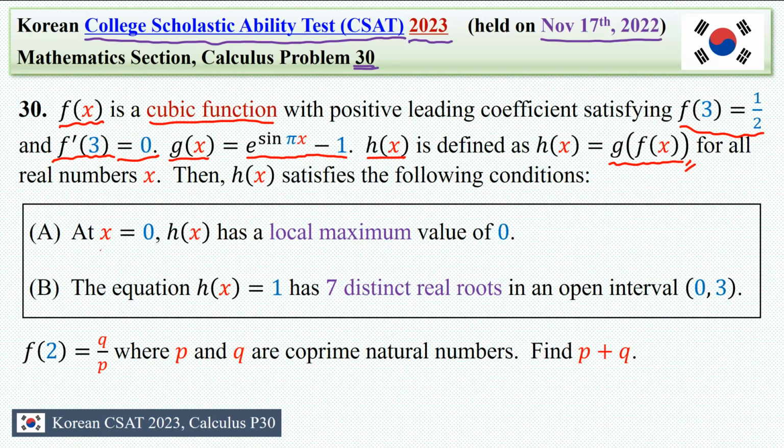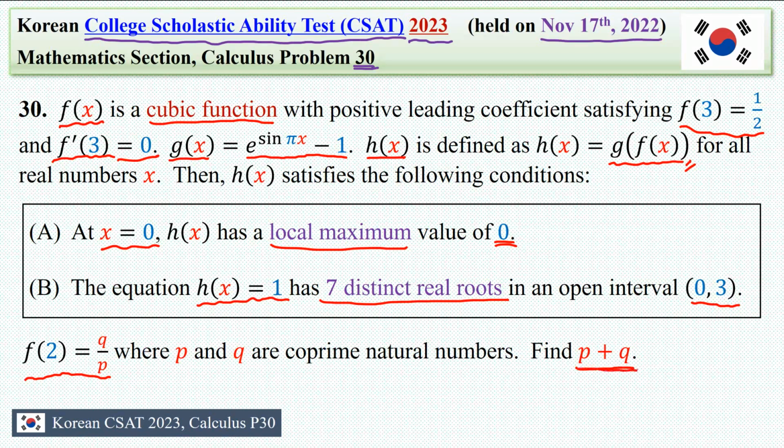Condition A, at x equals 0, h(x) has a local maximum value of 0. Condition B, the equation h(x) equals 1 has 7 distinct real roots in the open interval (0, 3). Then f(2) equals q over p, where p and q are coprime natural numbers. Find the value of p plus q.